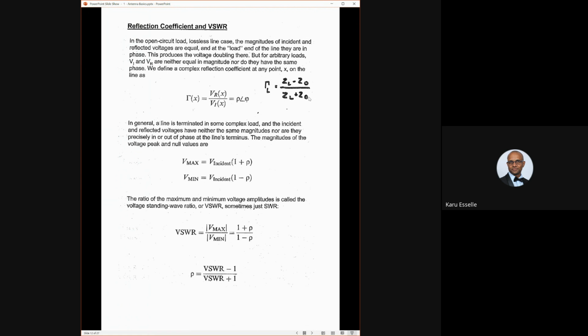So if you know the transmission line characteristic impedance, and you know the load impedance, that is the antenna impedance, using this formula, you can calculate gamma L, that is a complex number. Take the magnitude of that, that is rho. That's how we normally calculate it.